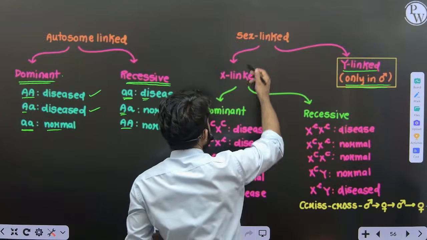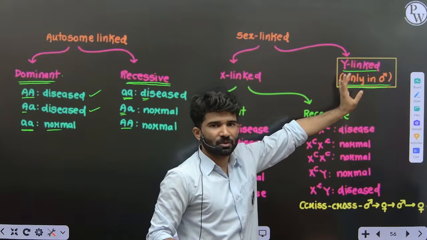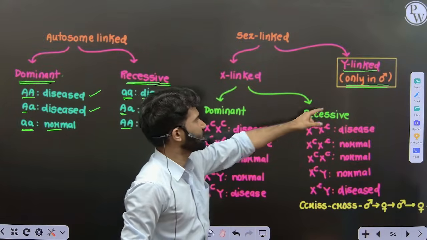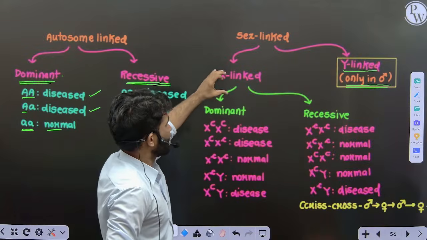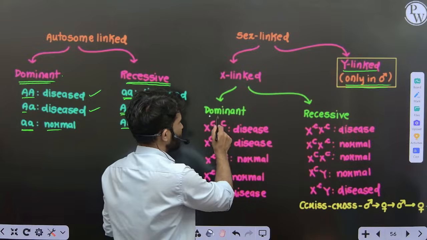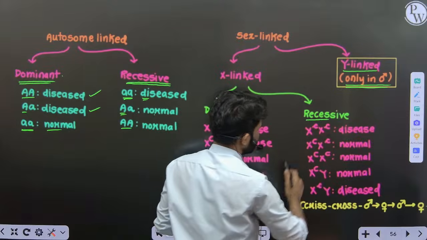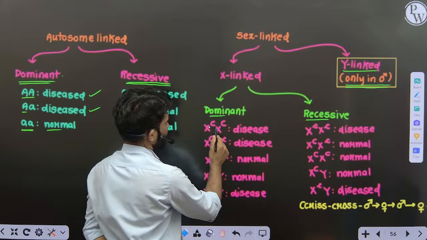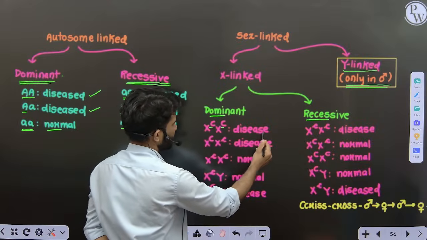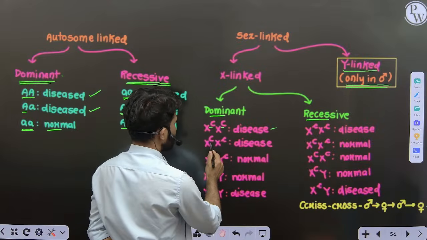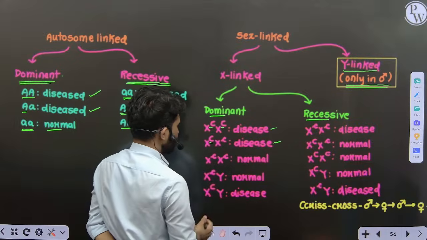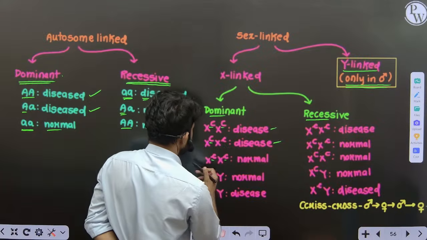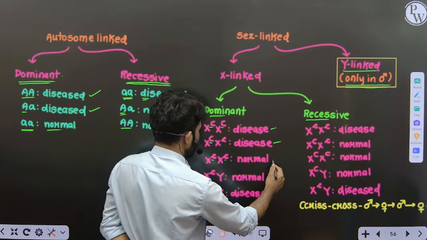When it comes to sex linkage, for Y linked, only males are affected. Females are not affected in Y linked. When it comes to X linked diseases, again it is dominant. As I already explained, if both are dominant genes, then it is disease. At least one dominant, again it is disease. If both are recessive, definitely it is normal.